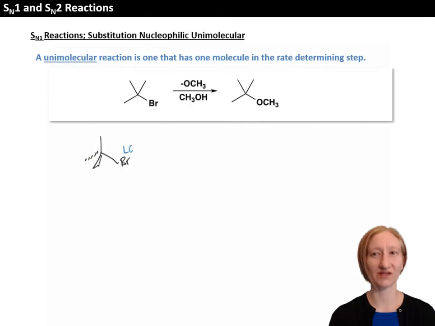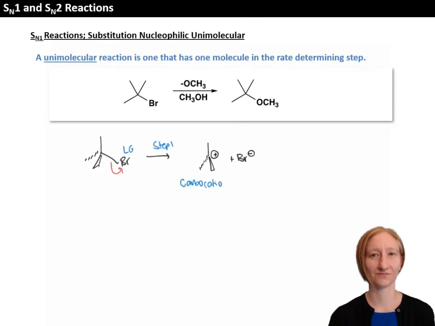In the first step, the leaving group leaves to form a carbocation intermediate. Then in the next step, the nucleophile attacks the carbocation to form the new carbon-nucleophile bond.